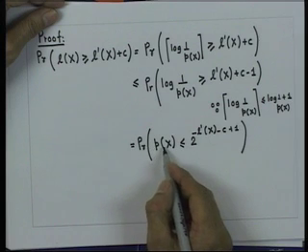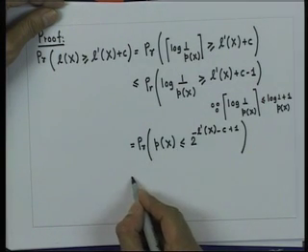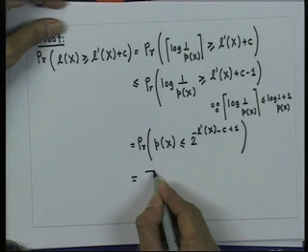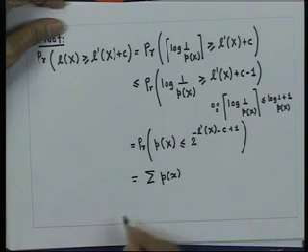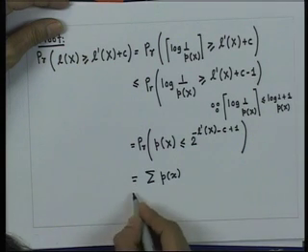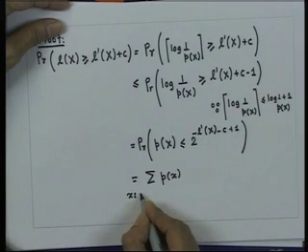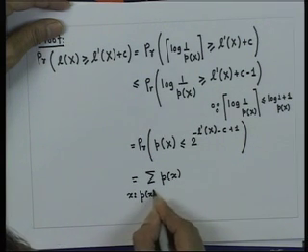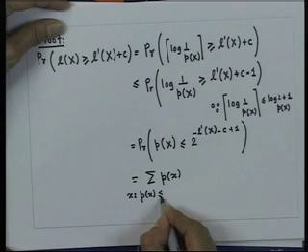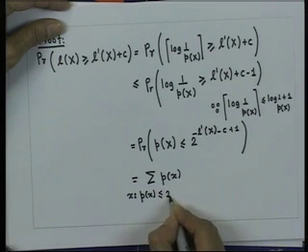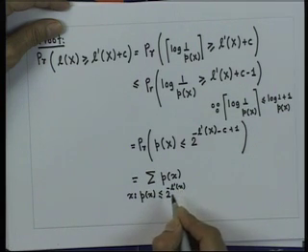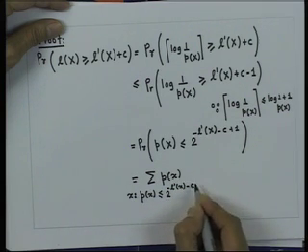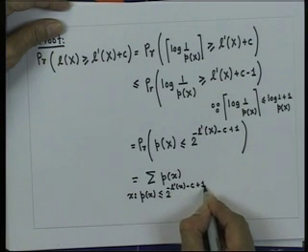Now, probability of this random variable is nothing but a summation of the individual probabilities, where I have to sum up for all x which satisfies p of x less than or equal to 2 to the power minus L dash x minus c plus 1.